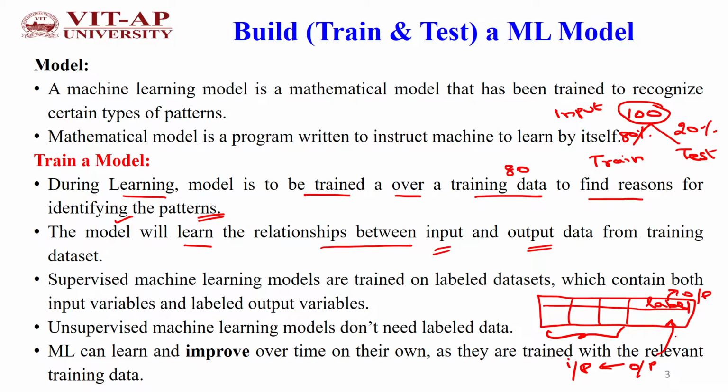This calculated output will be compared with the already given label output. In supervised learning, this procedure is followed. In unsupervised learning, labeled data is not needed. In unsupervised learning, the last column, the labeled data, will not be available.